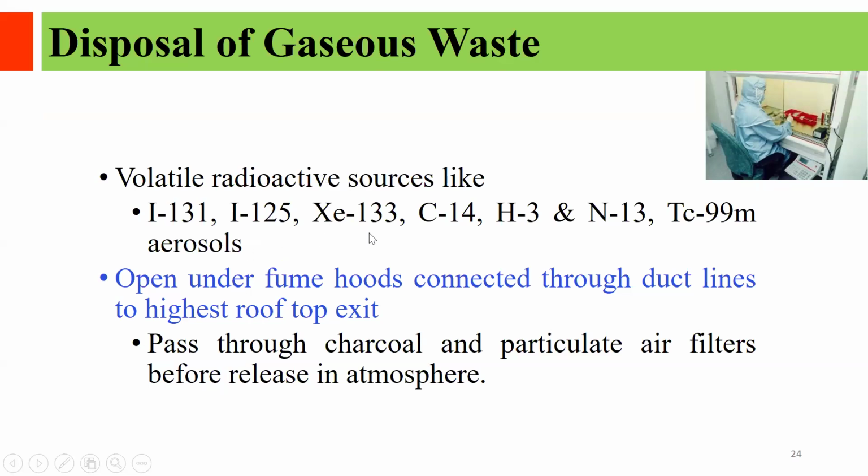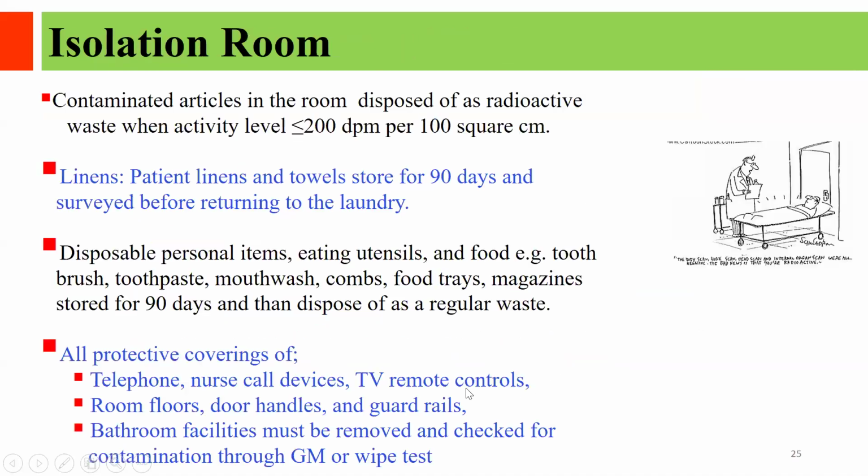And it has been well said, whenever we are handling such unsealed radionuclides which are likely to be volatile in nature, they have to be opened under a fume hood connected through a duct line to the highest rooftop exit. And finally, whatever gas is passed out has to pass through a charcoal or particulate air filter before release into the atmosphere.